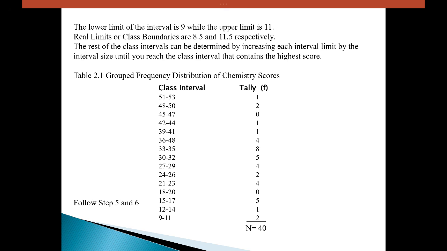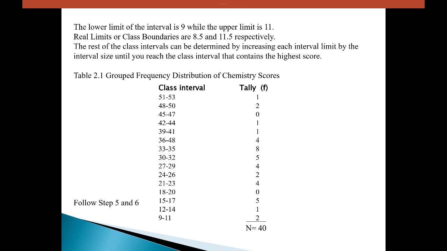The lowest class interval should include the lowest score. What is the lowest score? 10. So 10 is included in 9 to 11. And your highest score should be included in the highest class interval, 51 to 53. Your highest score is 52, so 52 is included in 51 to 53. Okay? So that is your class interval.